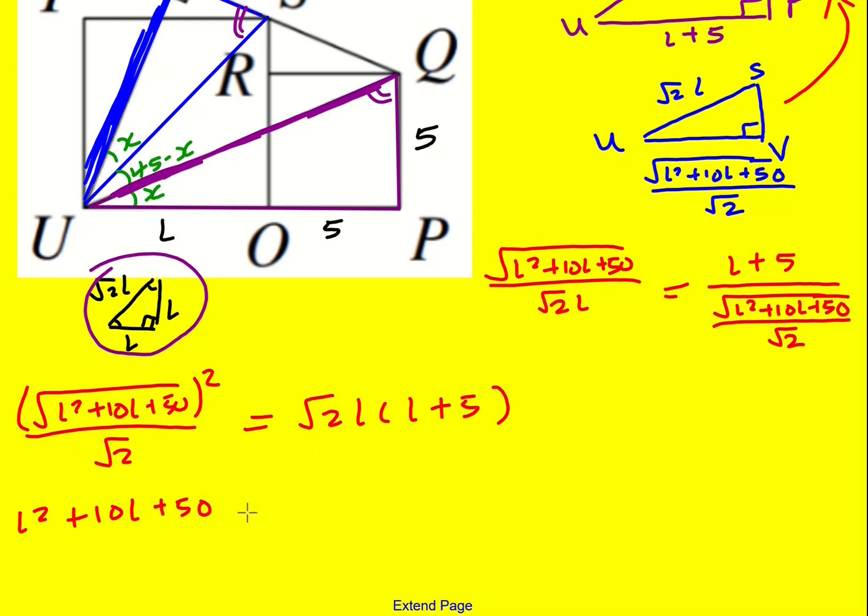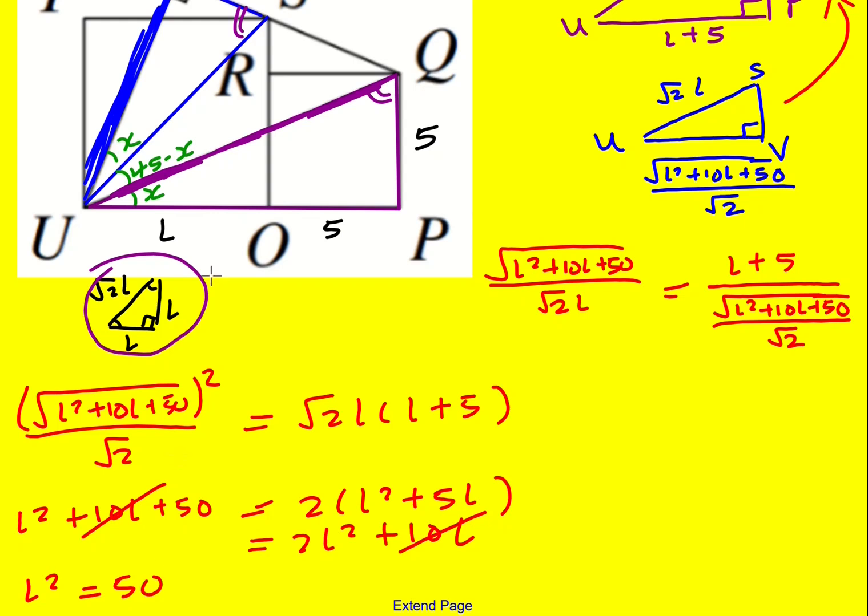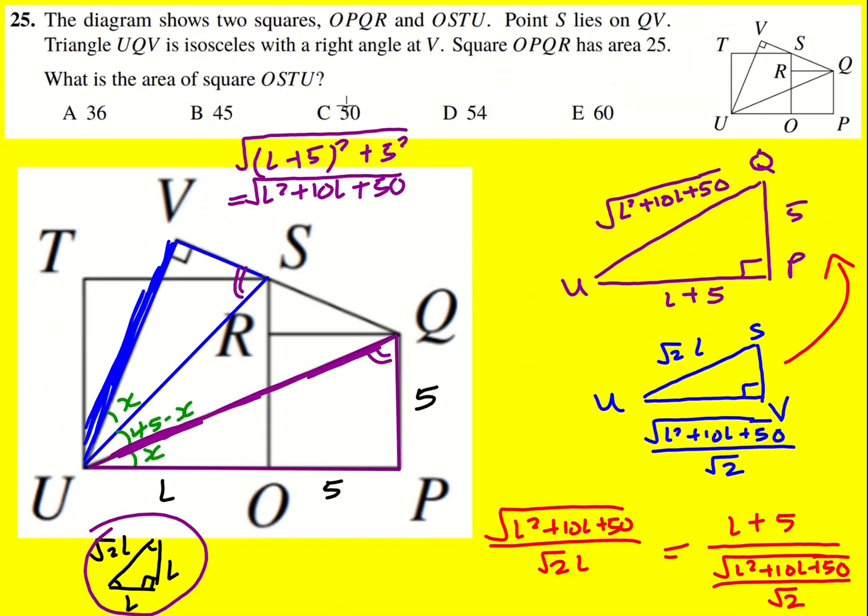After I've squared the square roots, I'm going to times through back by that root 2. I'm going to get 2 lots of L squared plus 5L, which is then 2L squared plus 10L. Great, these two actually cancel, and suddenly it all comes together. L squared equals 50. That is the area of the square, and that is our answer.